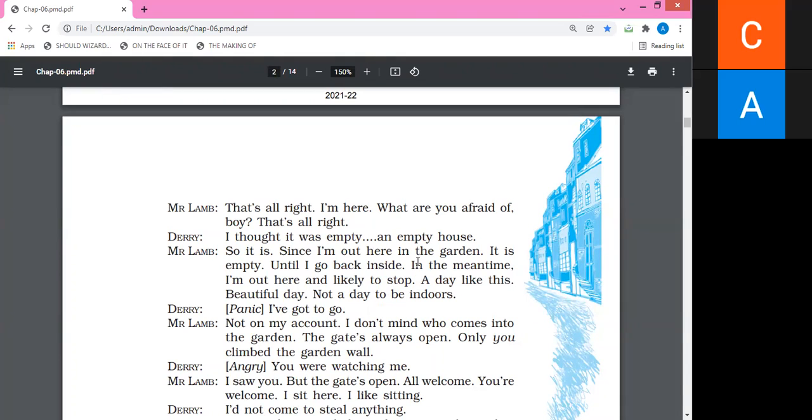And again, he was highlighting that in the meantime means at that particular moment, during that particular time period, I am out here. To highlight that he was out there. I am out here means he was in the garden. He wanted to highlight that he was in the garden, and he would like to be in the garden for a long time.